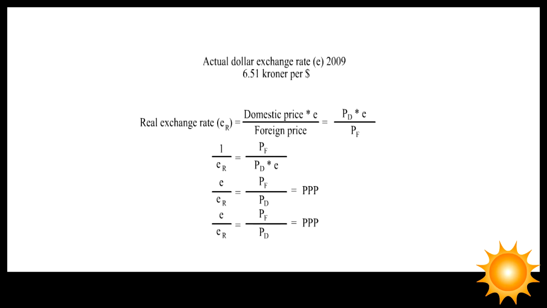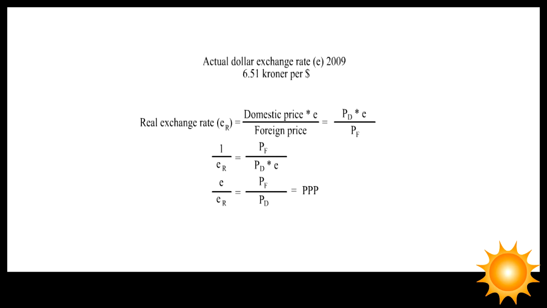Let's substitute some numbers into the equation. E is 6.51 kroner per dollar. E sub R is 0.58. Norway kroner price is 40. USA price is 3.57. The end result is 11.2 kroner per dollar, exactly equal to the PPP we computed earlier.